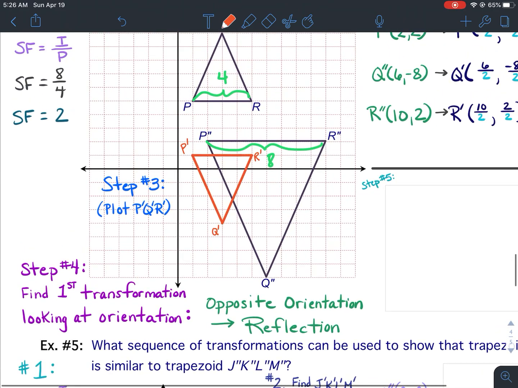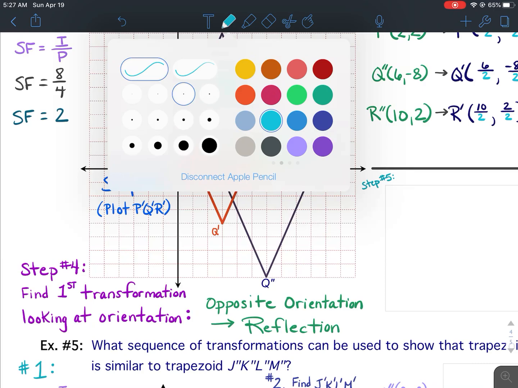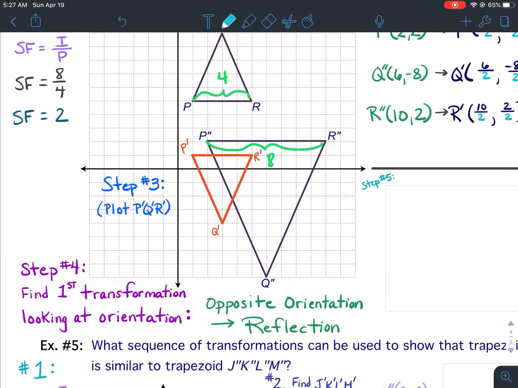All right, now, if there was a reflection, then there has to be a line of reflection. And remember, a line of reflection would be halfway between PR and P prime, R prime. Since there are 4 units from P to P prime, I'm going to go halfway, and that's where my line of reflection would be. I'm going to make it a little bit thicker. My line of reflection would be right here.